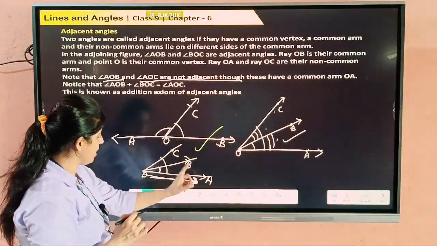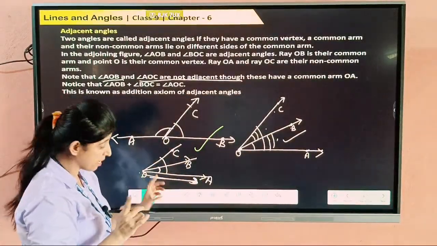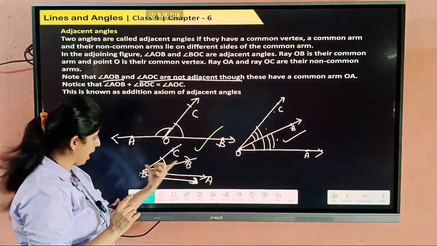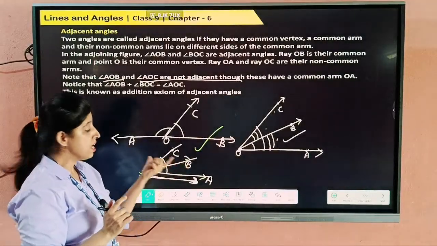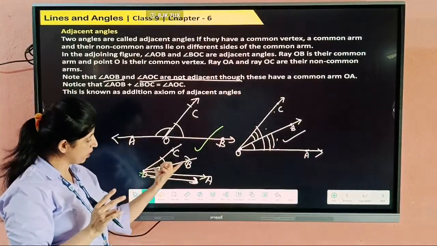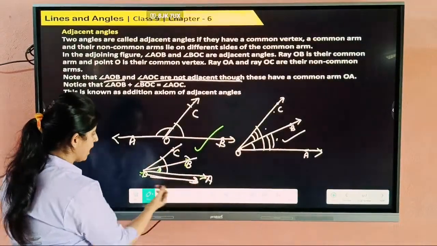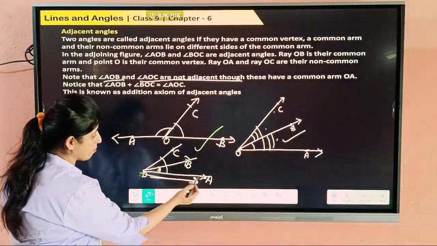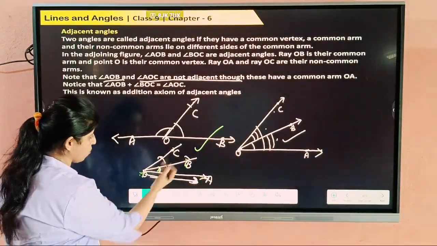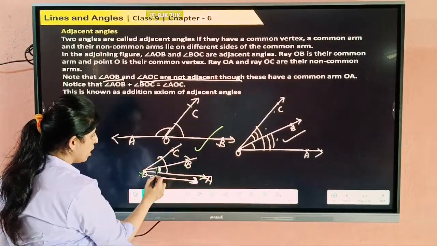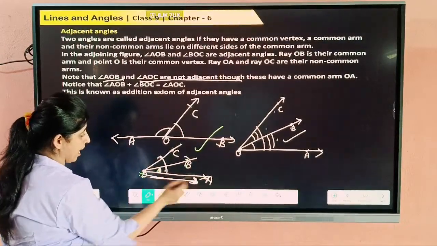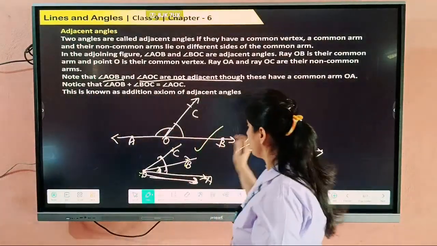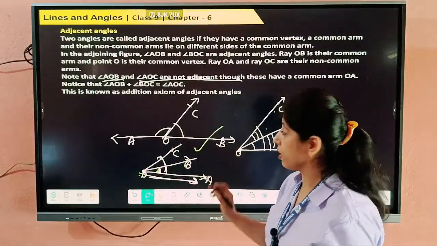AOB and AOC are not adjacent, but AOB and BOC are adjacent because there is one common vertex O and one common arm between these two angles. They form two angles with one common arm in between, that is OB. But for AOB and AOC, the common arm is OA, yet they are not adjacent because in between them one common arm is not coming, right?